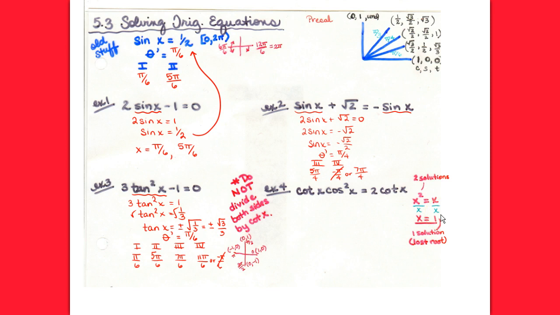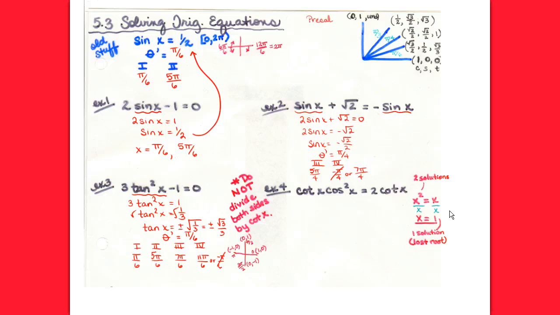As long as what you do to one side, you do to the other side, I'm allowed to do that. So I'm going to go through and divide both sides by x, and I'll be left with x is equal to 1. I got one solution. I'm supposed to get two. I lost a root. Anytime you divide both sides of an equation by something where it cancels on both sides, it's gone. You've lost it.